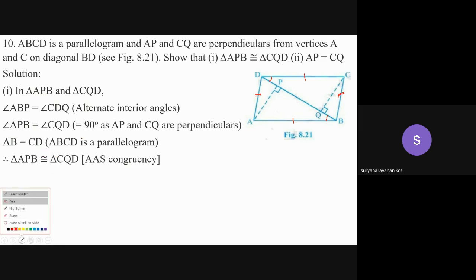Yes or no? By CPCT, we can equate these two sides also. AP is equal to CQ by CPCT. That's all. The second part of the question is also over. Within a single step, we proved the second part of the question also.